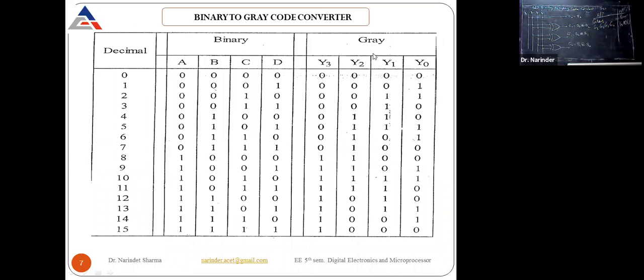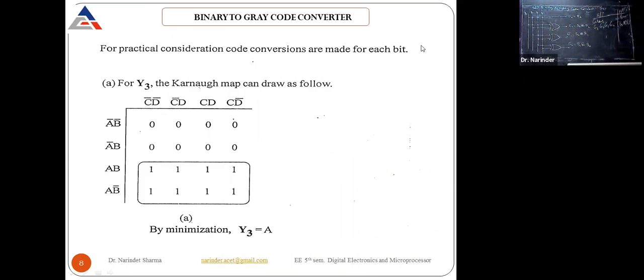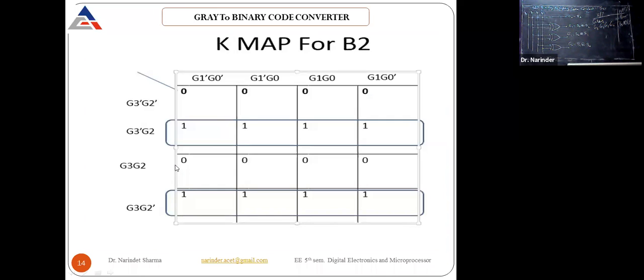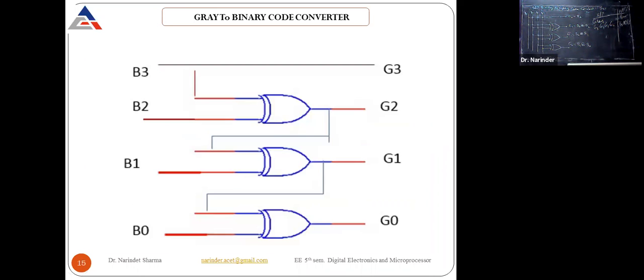It is the important one. You have to remember it. Then this would be your table. Then you have to go for the K-maps. Design the K-maps. Then you can convert the gray to binary. In the same way, what we have discussed, you can adopt the same approach.